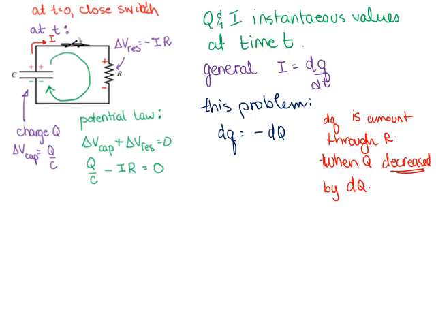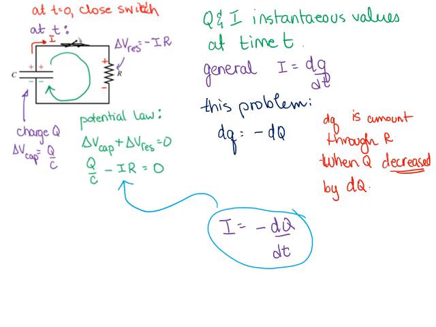That's equal to minus, because that amount of charge on the capacitor plate is decreasing, the little amount of charge that's leaving the capacitor plate, which is d of big Q. So then that gives us, for our current, I is equal to minus dQ/dt. So now our strategy is we're going to put this expression into this current, and we're going to solve for our charge Q. So that's where we're going from here.